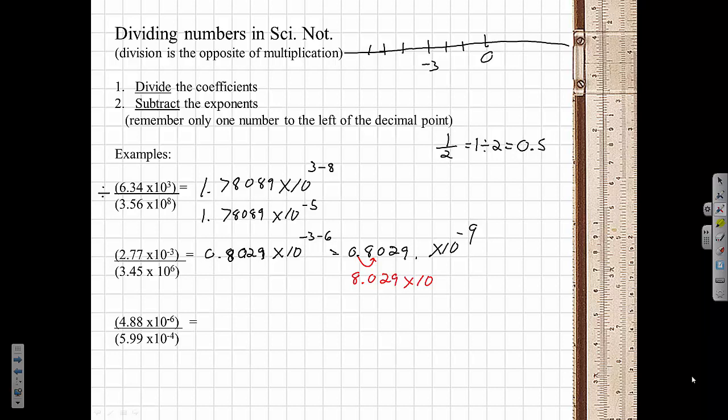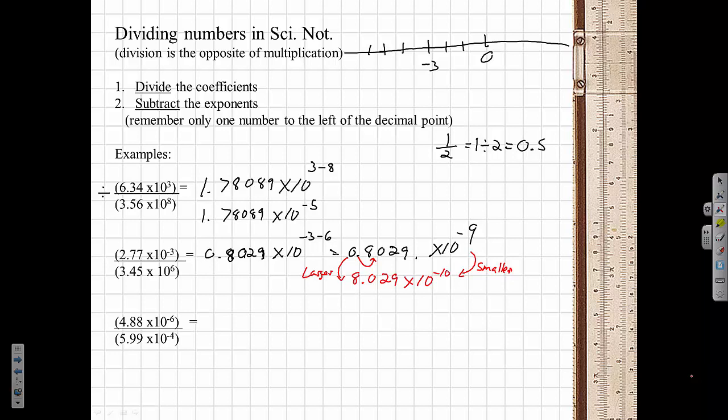Well, what happened here? We went from 0.8 to 8. So here the coefficient got larger. That means our exponent must get smaller. What's smaller than a negative 9? Remember our number line here, negative 9. We want to get smaller, we want to go away from 0, so it's going to be negative 10.